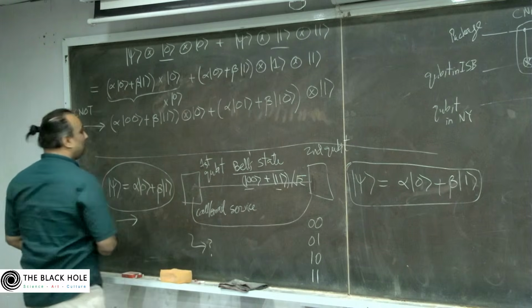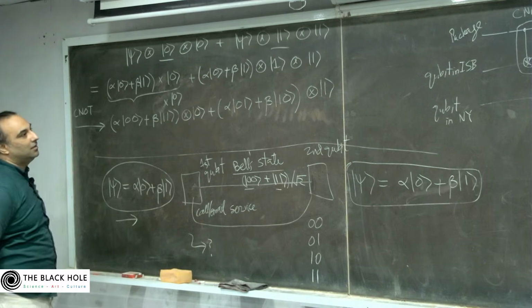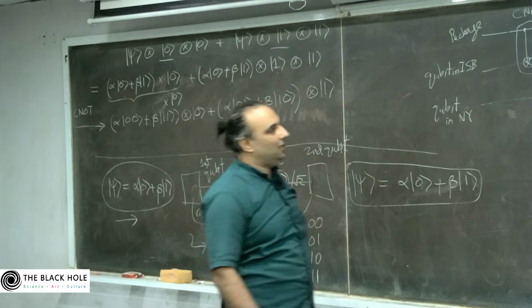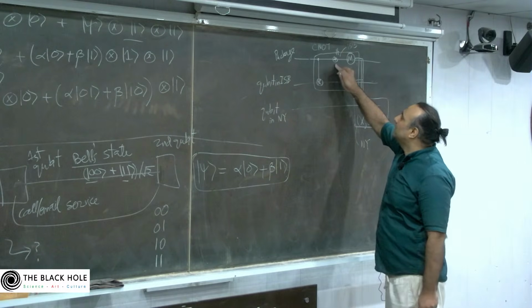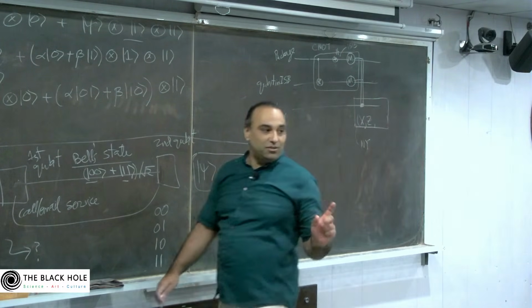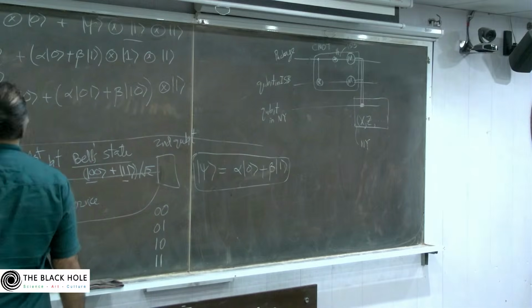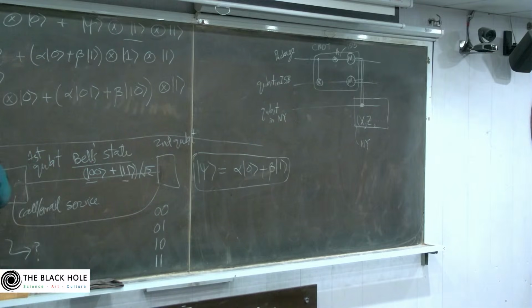Okay, now I have this state. Now after this I either make a measurement along SX or I need to perform this H gate here. H is on the first qubit, this one.